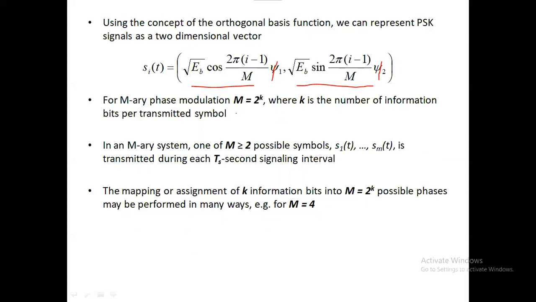So we have M-ary phase modulation where M is equal to 2^k, and k is the number of information bits mapped over the symbol. If M is greater than 2, we take the signaling interval equal to Ts seconds. But when we are using BPSK, Ts is equal to Tb.